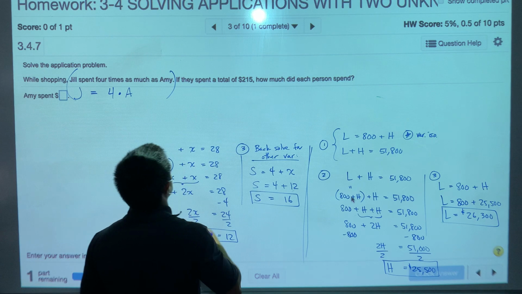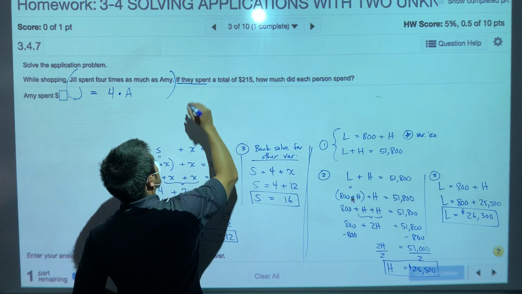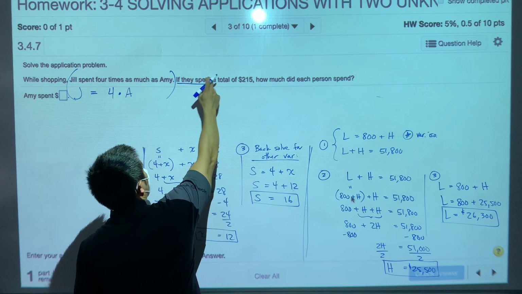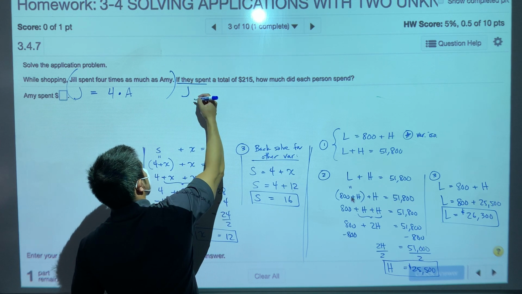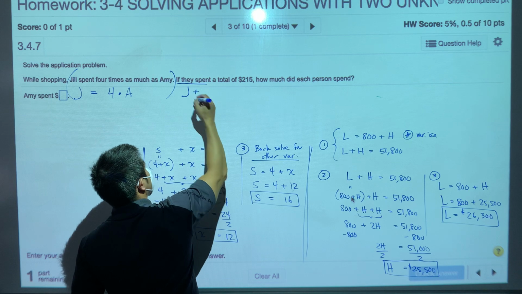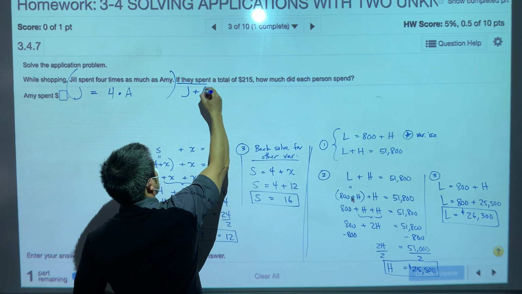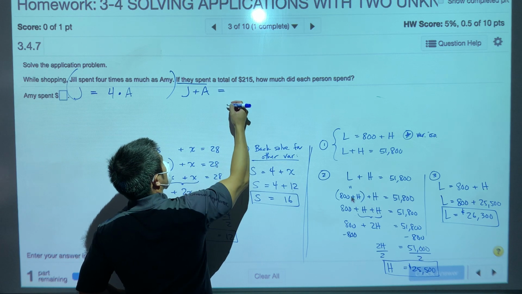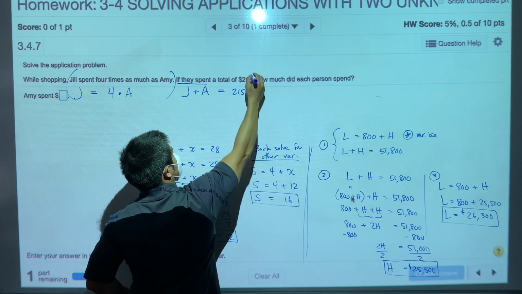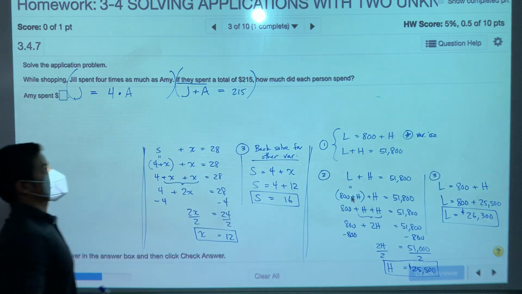If they spent, well, this is actually very important. It says a lot. If they spent, that means that that's saying Jill's spending combined with or plus Amy's spending totals equals 215. That wraps up that one.